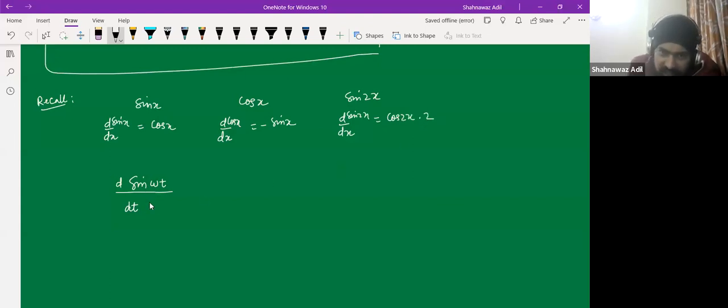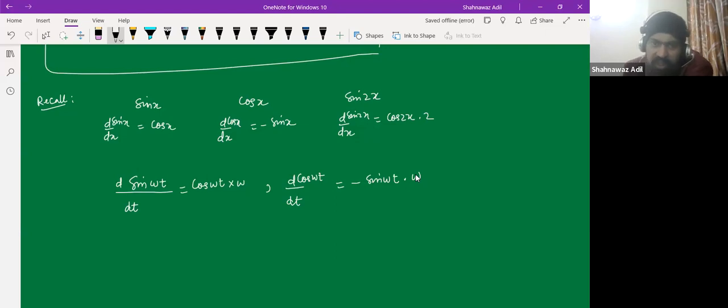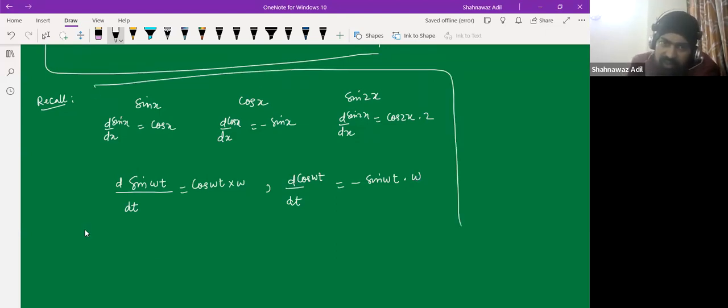Similarly, sine omega t differentiation would make cos omega t multiplied by omega. Similarly, if I take d by dt of cos omega t, that would be minus sine omega t multiplied by omega. So these are the basic differentiation results that we have to remember, right?